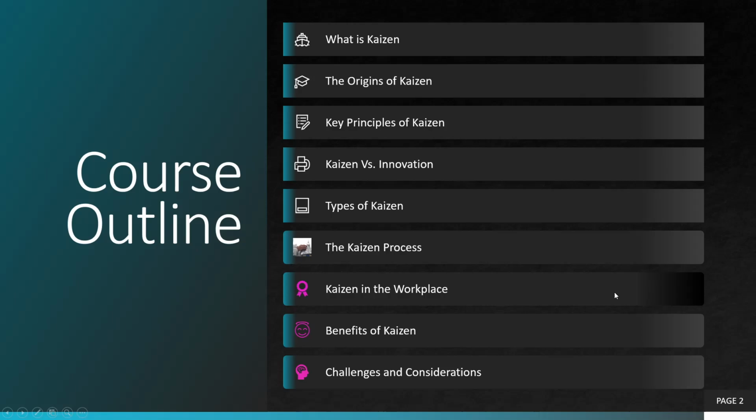So, what all things we are going to cover under this session? The agenda is here. These are the things we are going to cover: what is Kaizen, the origins of Kaizen, key principles of Kaizen, Kaizen-based innovation, types of Kaizen, the Kaizen process, Kaizen in the workplace, benefits of Kaizen, and the last one is challenges and considerations of Kaizen.